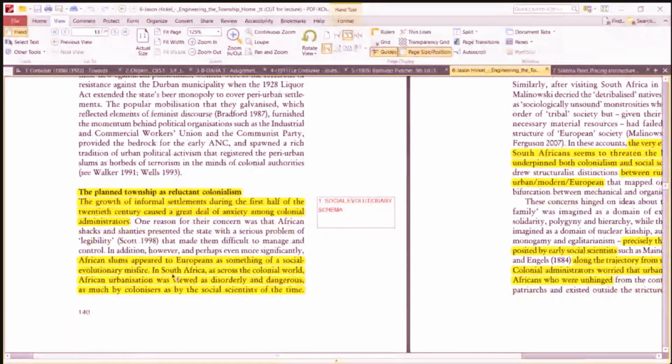So, Jason Hickel writes, the planned township as reluctant colonialism. What does he mean? So he says, in the first half of the 20th century, there's a growth of informal settlements. In other words, Black Africans are moving towards the cities because the world has changed, right? There's mining, there's gold, there's diamonds, the whole landscape has changed.